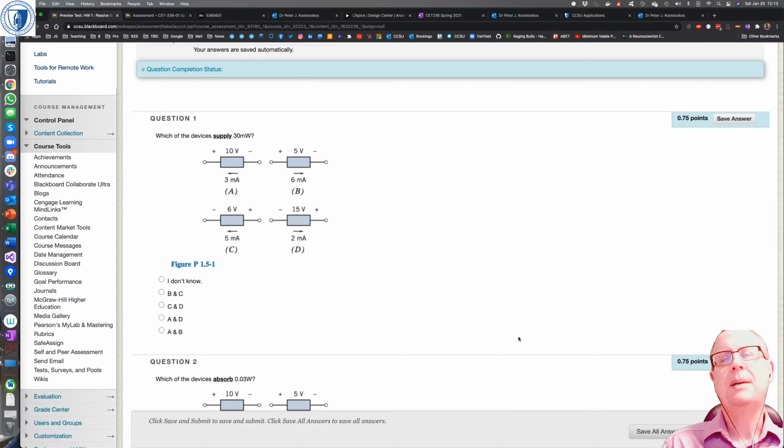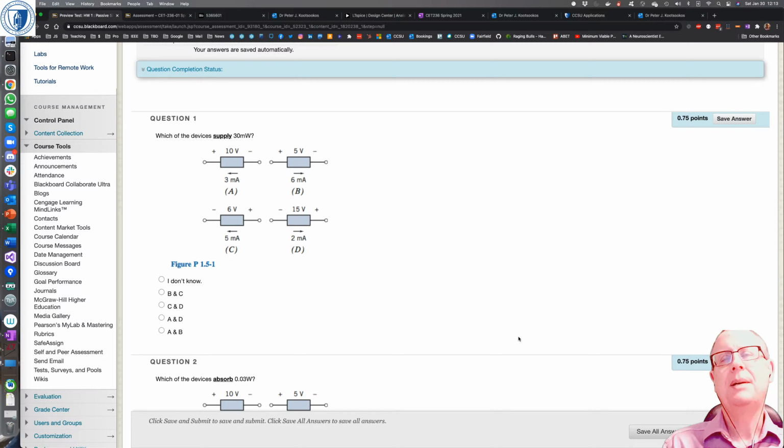So which devices supply 30 milliwatts, right? A milliwatt, with a small m, is 10 to the minus 3 watts.